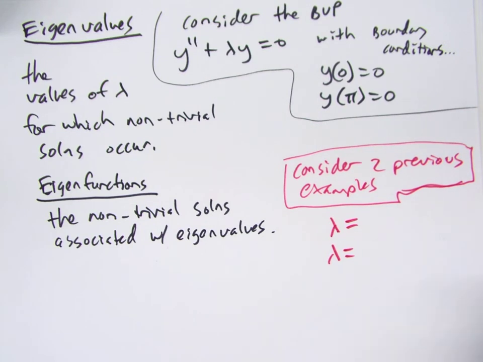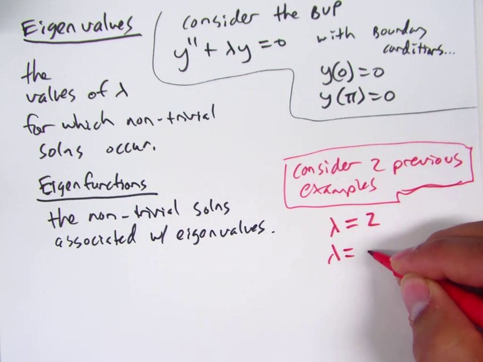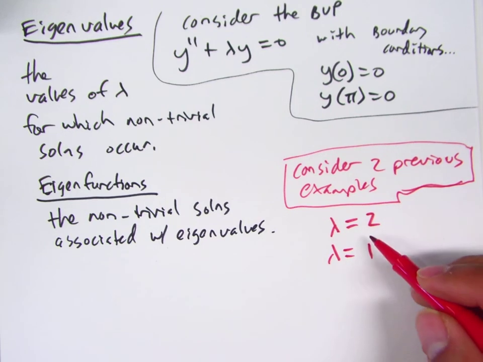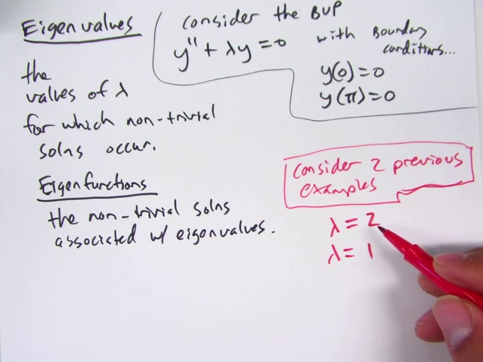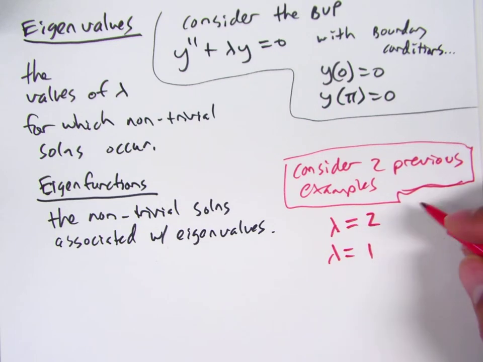Okay, so when we had 2, would 2 be considered an eigenvalue? No. Why not? Right, so we had trivial solutions here.